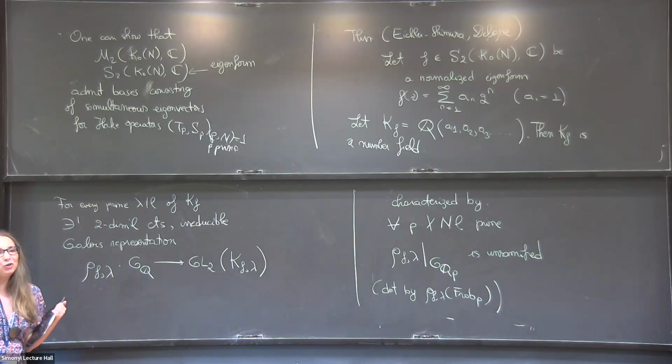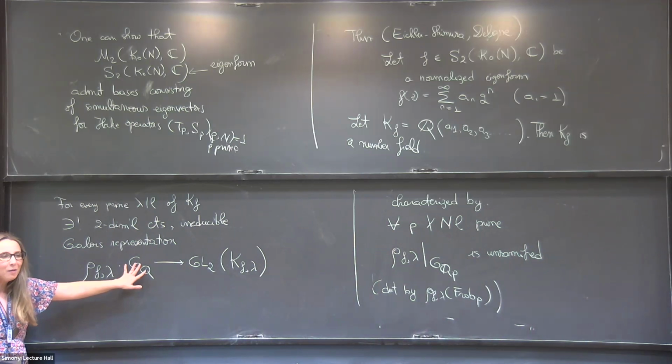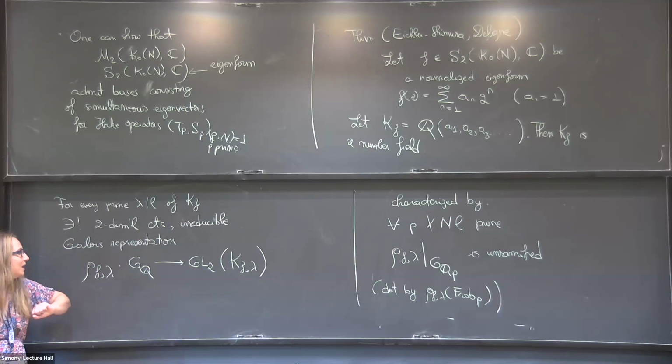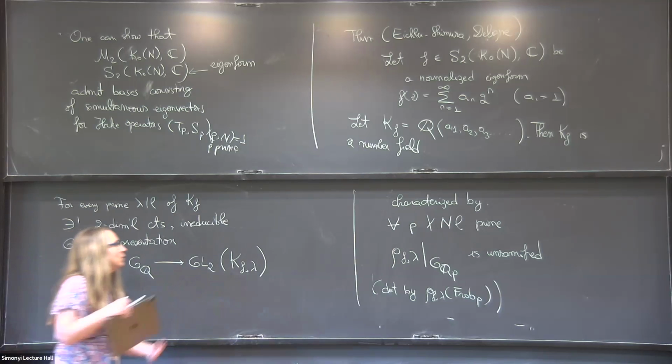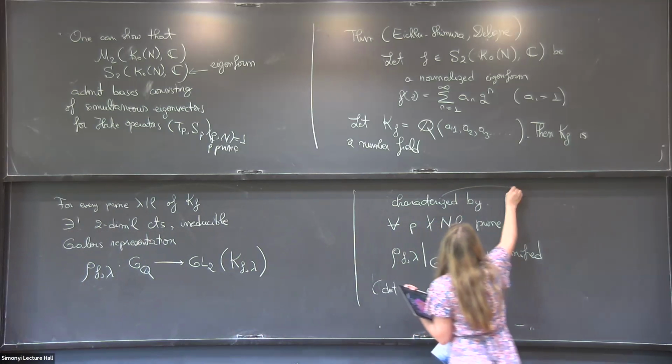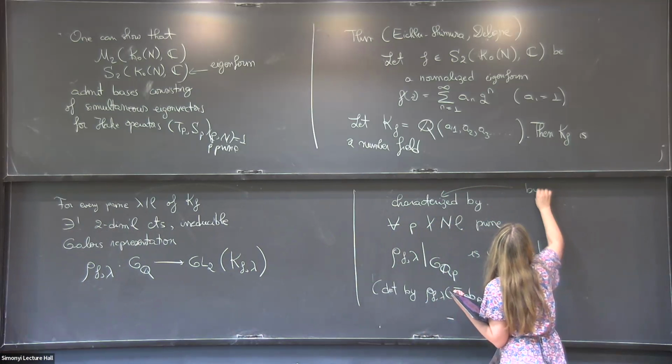And so there are two things. One is you can find a dense set of elements in here coming from the Frobenius elements. And the other is that the traces over there really pin down the representation. So this is by the theorem.